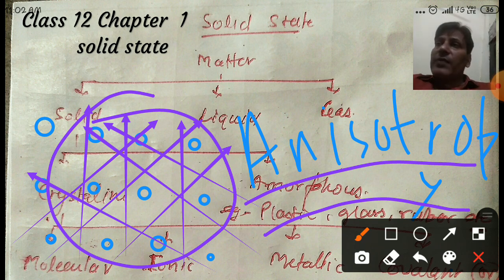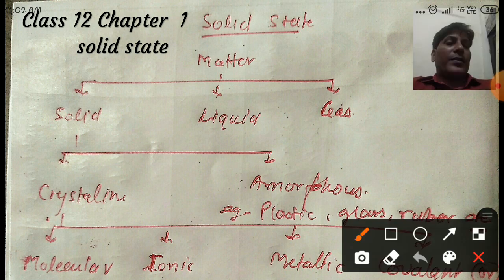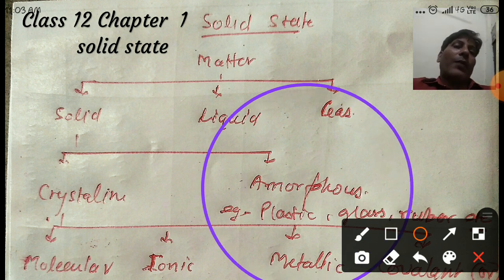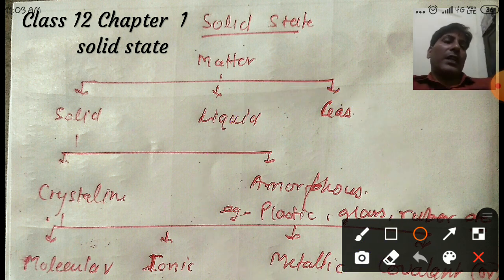Which properties vary? The refractive index of light and electrical conductivity vary with direction. So we find that crystalline solids have the anisotropic property, and now we see the amorphous solid.